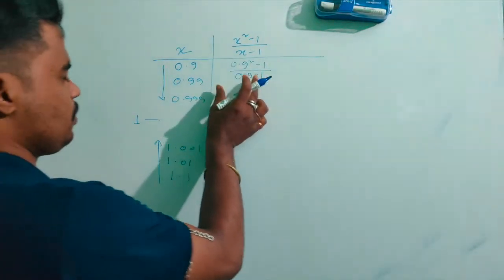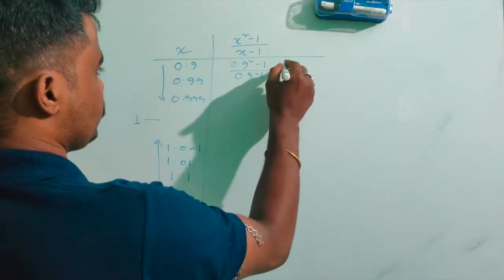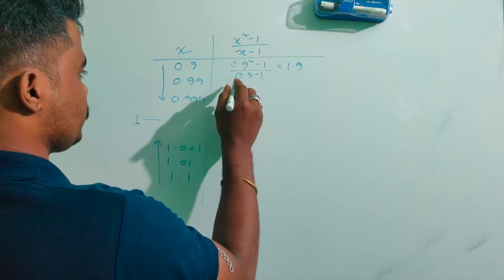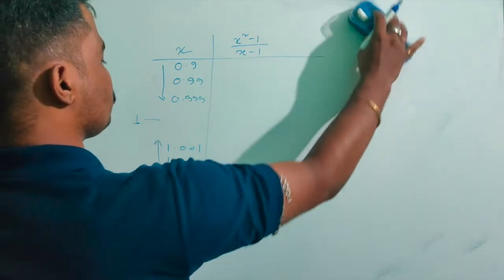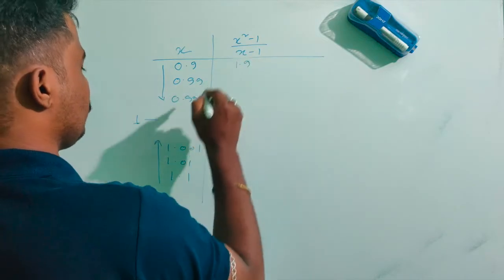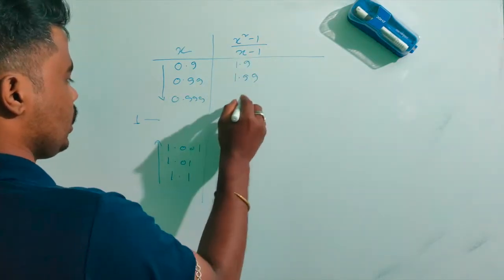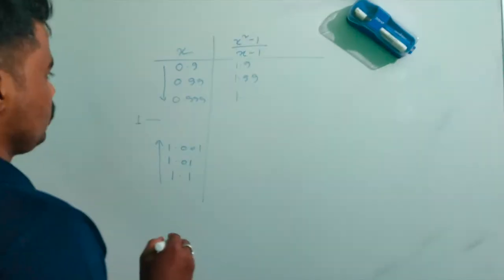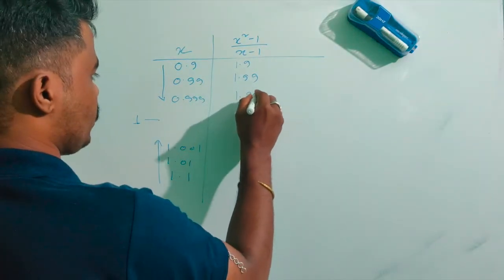So by using simple algebra techniques, we can write the answer is 1.9. For the next value, the answer is 1.99, and for x equal to 0.999, the value of the function will be 1.999.